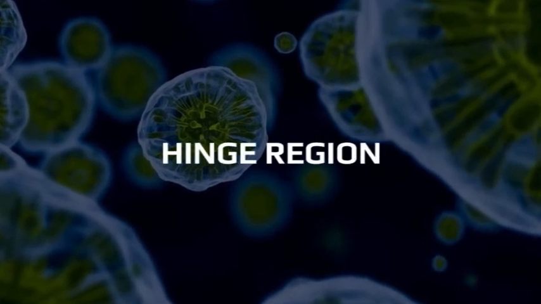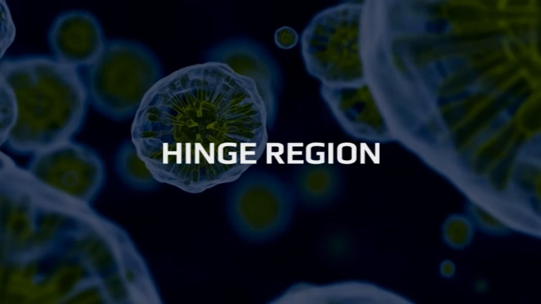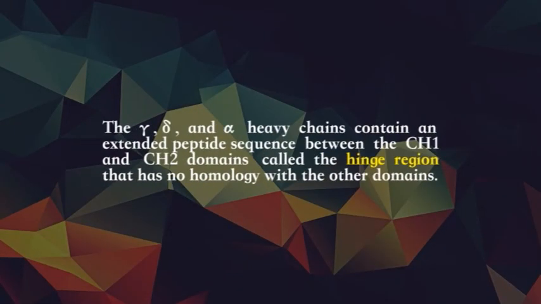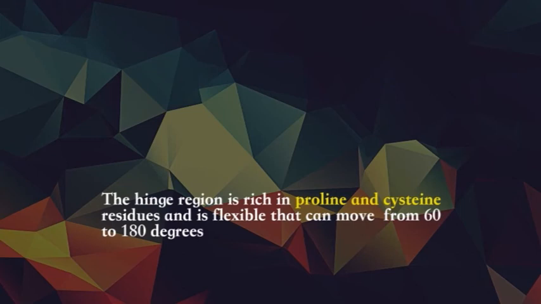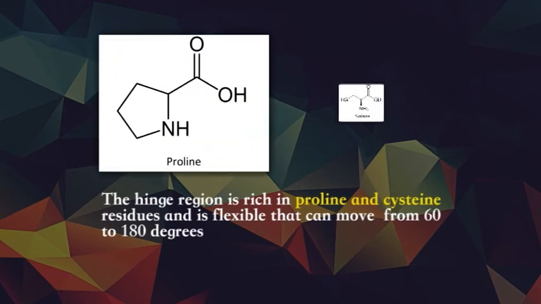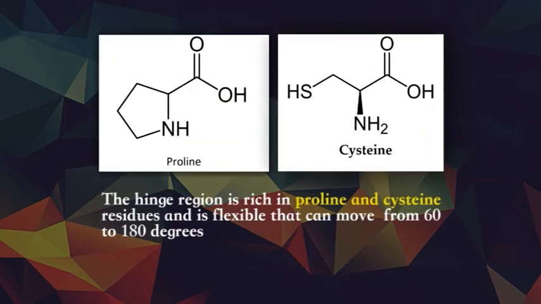Hinge region. The gamma, delta and alpha heavy chains contain an extended peptide sequence between the CH1 and CH2 domains called the hinge region that has no homology with the other domains. The hinge region is rich in proline and cysteine residues and is flexible, that can move from 60 to 180 degrees.